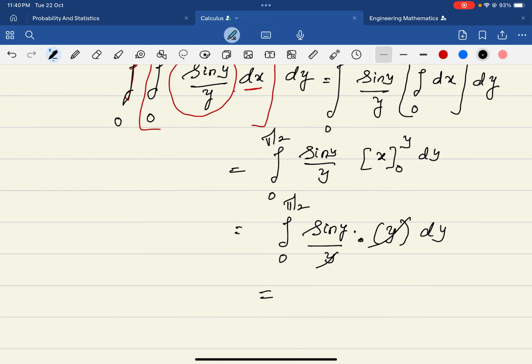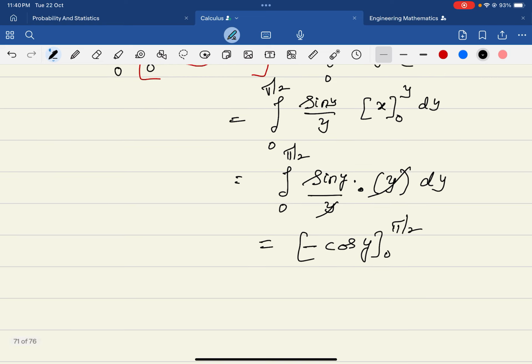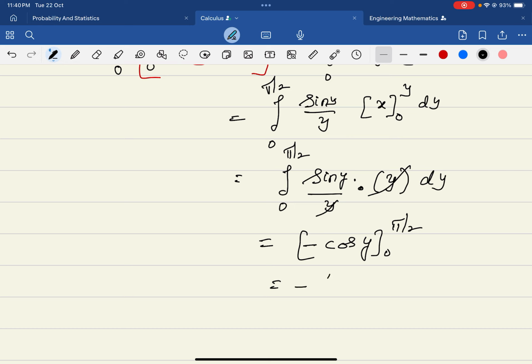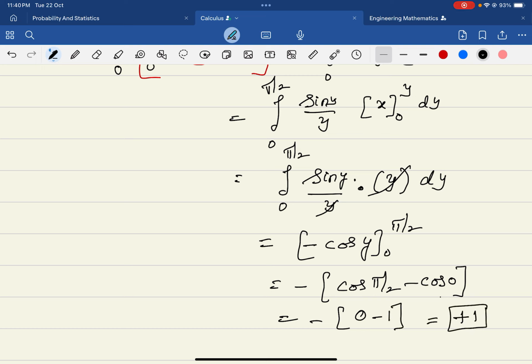Integral sine y becomes negative cosine y within the limits 0 to pi by 2. Now upper limit minus lower limit gives you the value: minus, take out cosine of pi by 2 minus cosine of 0. Cosine 90 is 0 and cosine 0 is 1. So the value is plus 1. I hope you could understand.